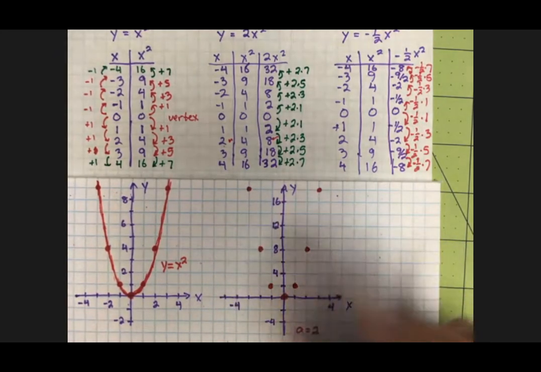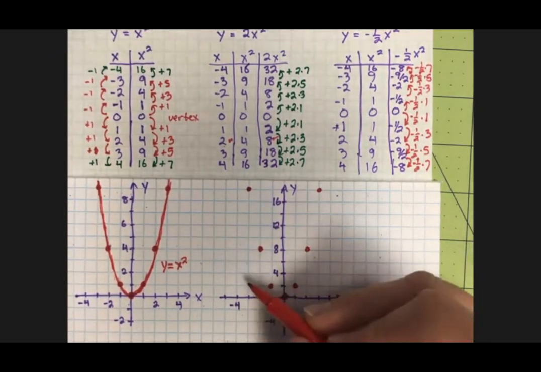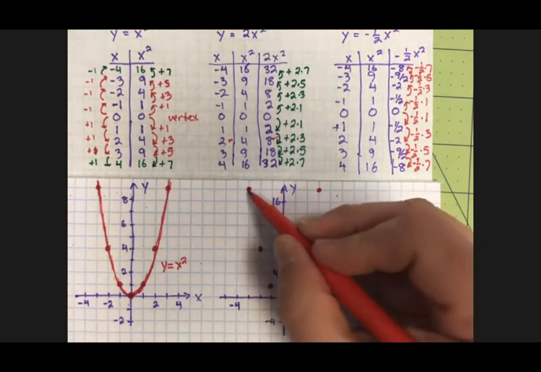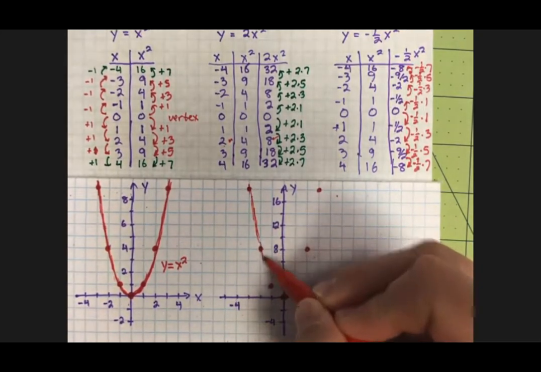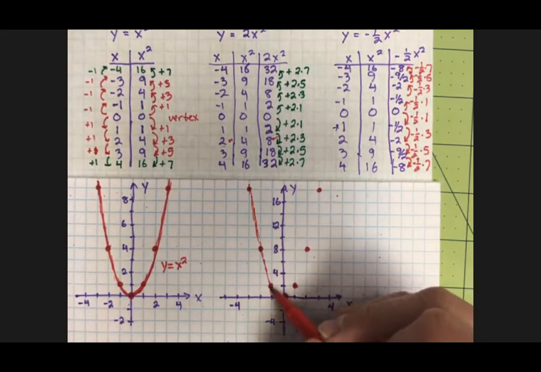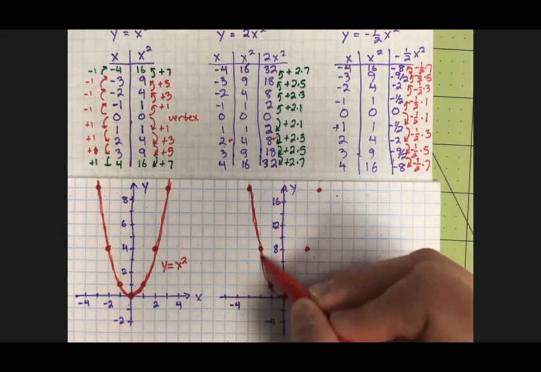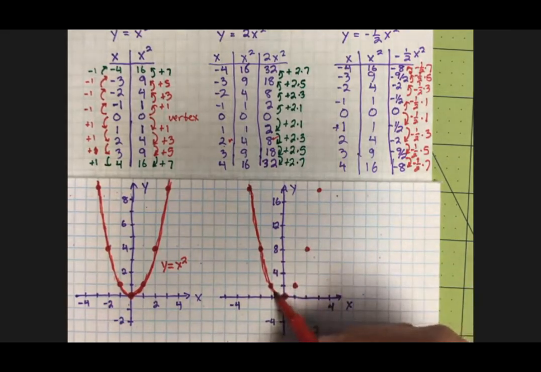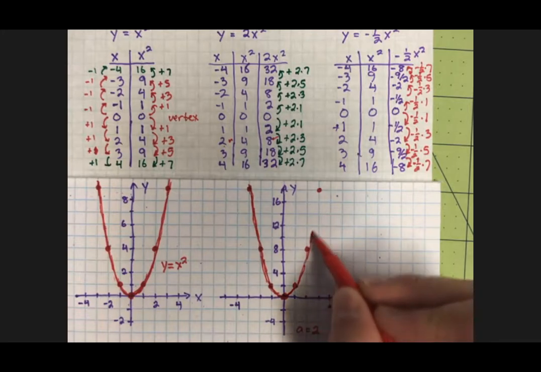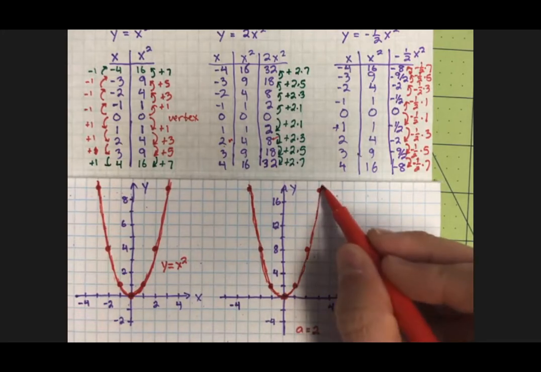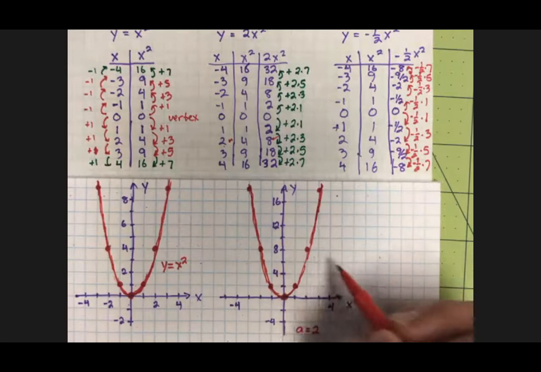Now look at this parabola. And you say, that's the same parabola you just drew a second ago. But I say, no, it isn't, because I've got a different scale. The shape is the same, but the scale was different.